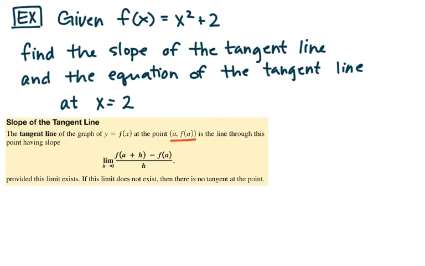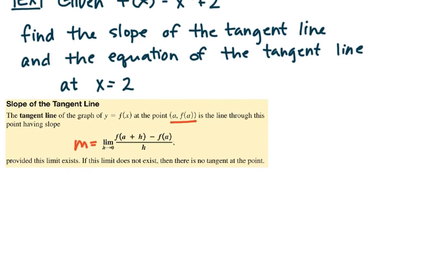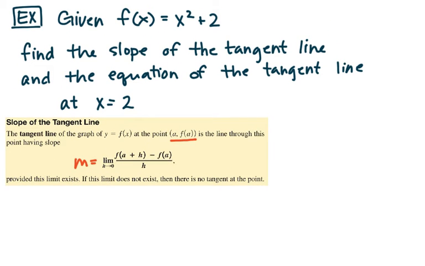So let's jump in to calculating this slope. By the formula, we need f of a plus h. That's going to be f of 2 plus h. That's going to give me this first piece that I'm going to plug into my formula. F of 2 plus h is the quantity 2 plus h squared plus 2, which we can simplify.